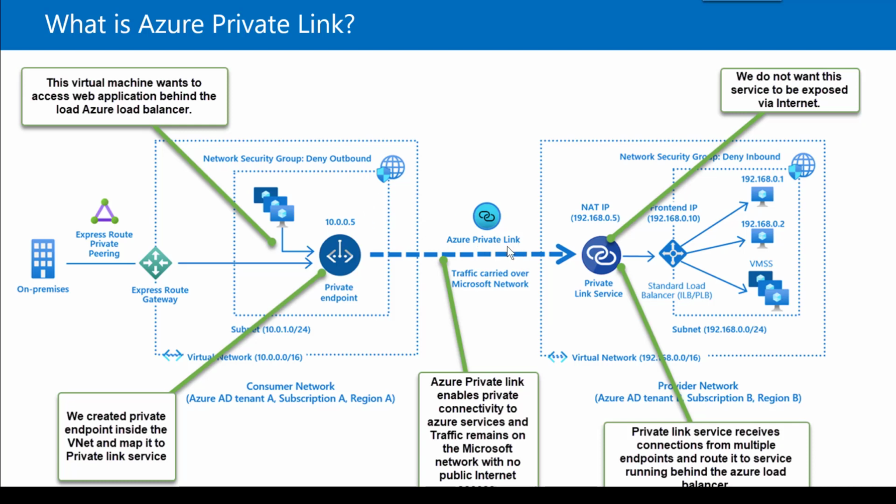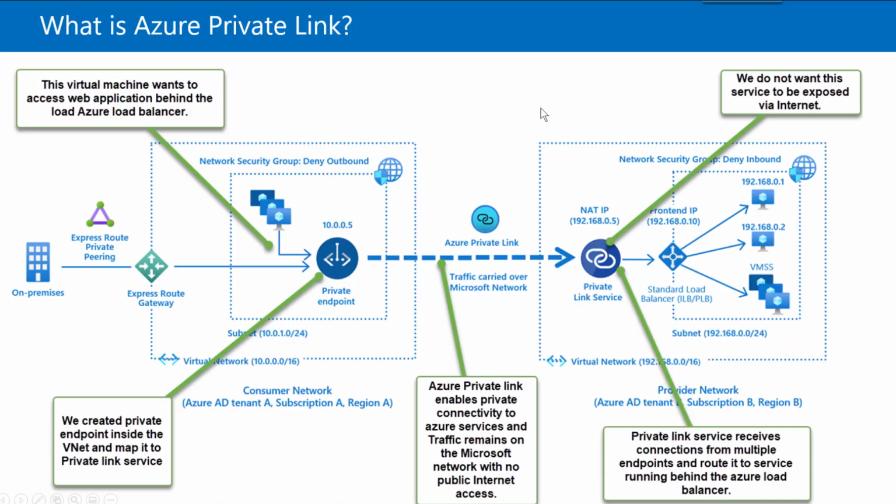And private link is nothing but a network connection between this private endpoint and the Azure resource. In this scenario, we are using the services behind the load balancer, which is the web application. So it creates a private link, and this private link connectivity goes via the Azure backbone again, instead of going via the public internet.